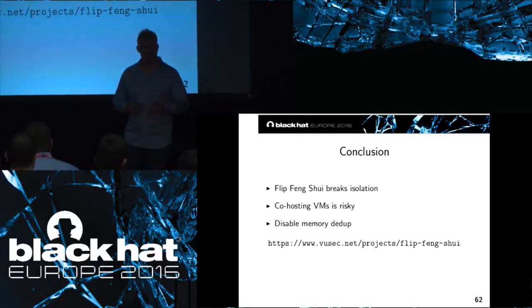The answer is indeed that's what we did. As soon as we know the page that we want to corrupt, and the offset within that page, the bit that we want to corrupt, then we do Rowhammer in our own VM over and over, for as long as we need until we find one of the possible offsets. Oftentimes we want not one particular one, but a range of ones.